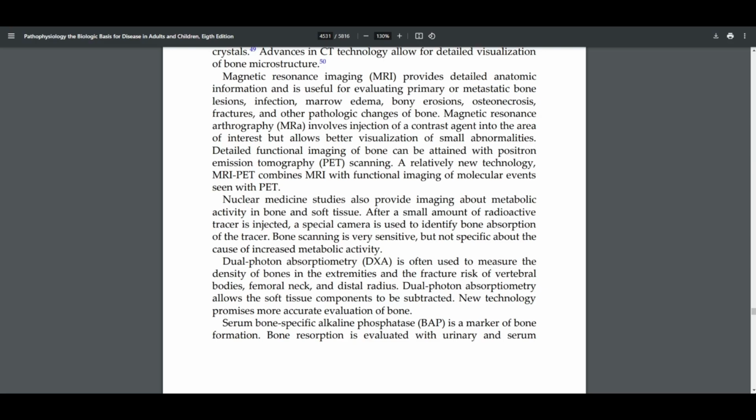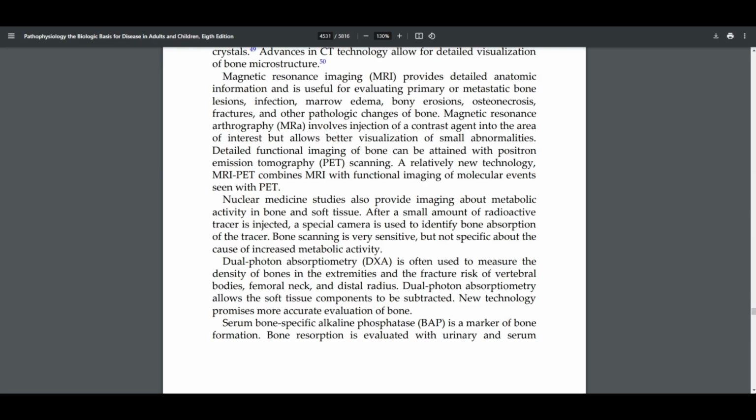MRI provides detailed anatomic information and is useful for evaluating primary or metastatic bone lesions, infections, marrow edema, bony erosion, osteonecrosis, fractures, and other pathologic changes of bone.